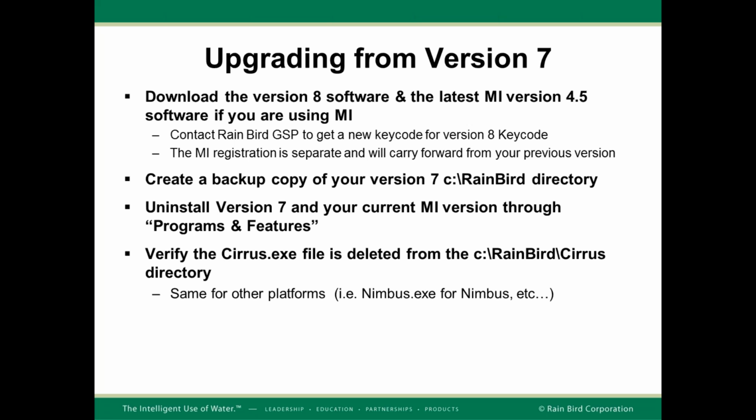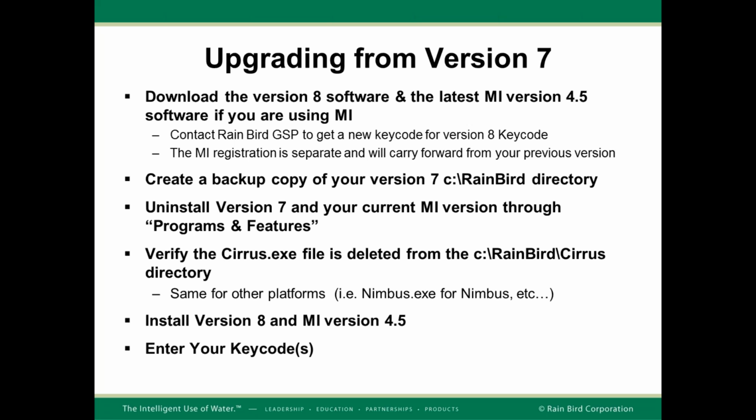If you're on another software platform like Nimbus 2, you'll go into the Nimbus 2 directory and delete the nimbus.exe file, or the Stratus 2 directory and delete the Stratus 2 exe file. Then you'll install your version 8 and MI version 4.5. You'll enter your key code for version 8 and open your database.